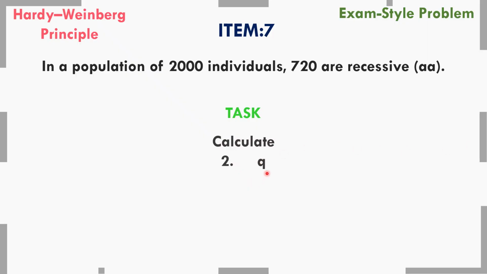Let's calculate q. q is 0.6. Calculate p. p is given by 1 minus 0.6 to give us 0.4.